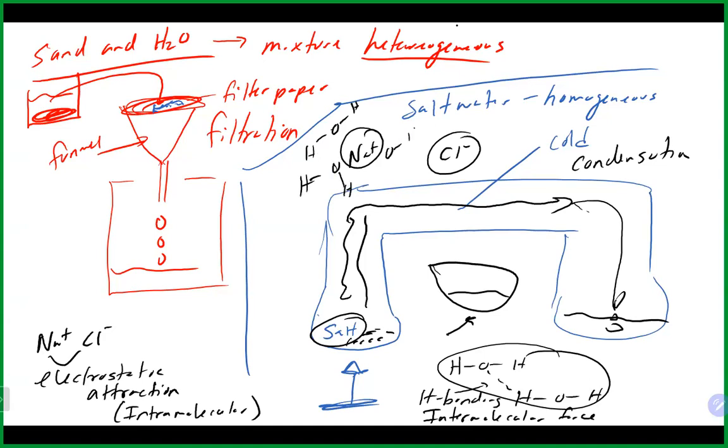And what happens is, say, the sodium ion would be surrounded by water's oxygen. And water actually has a positive side, which is the hydrogen side. And that's attracted to the chloride, which is negatively charged. So each of these ions gets surrounded by so much water that visually we no longer can actually see it.